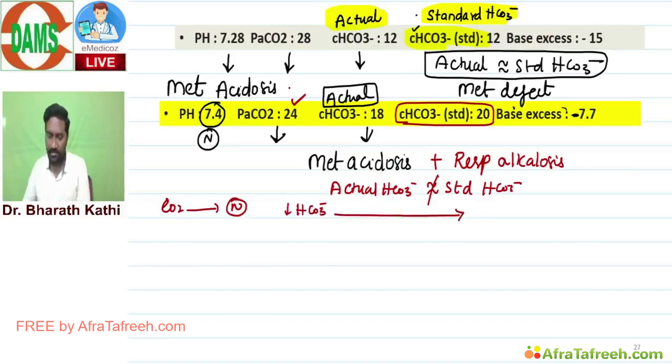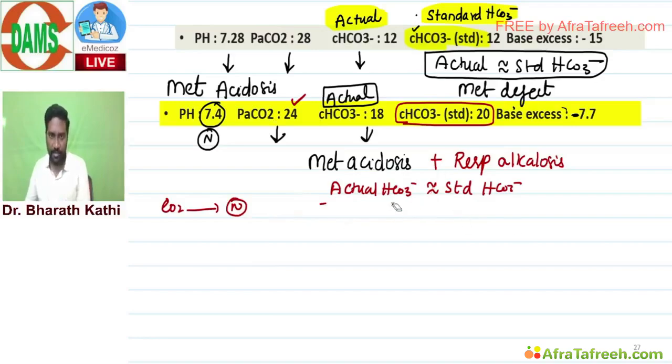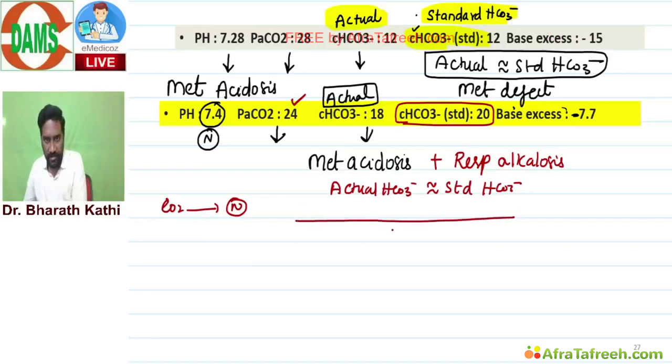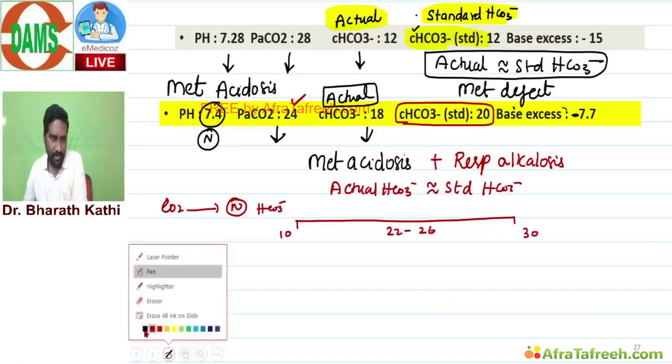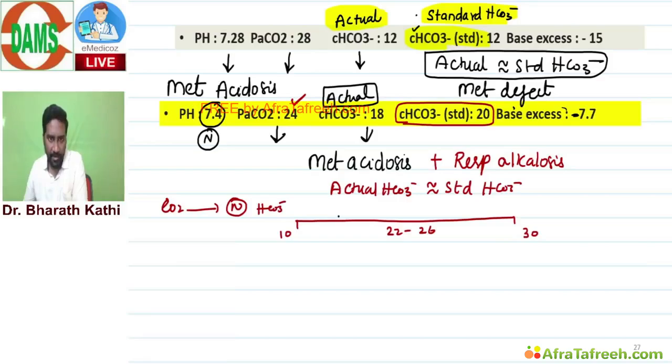So if you take, this is a graph. Let us say this is 22 to 26 bicarbonate. Let this be 10 bicarbonate. Let this be 30 bicarbonate. Now in this question, the actual bicarbonate was 18.